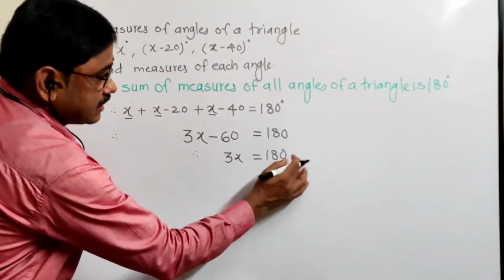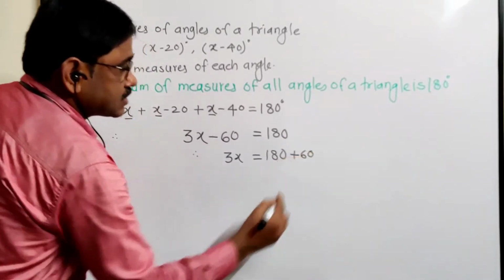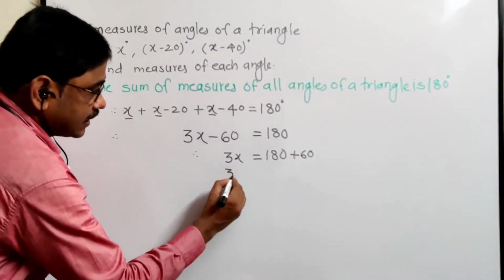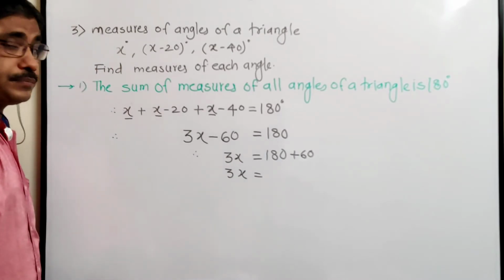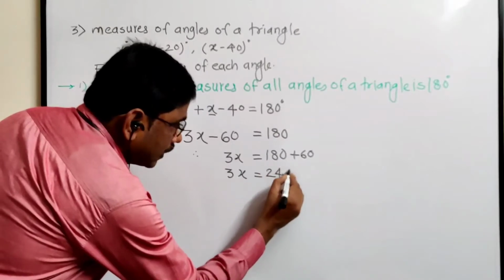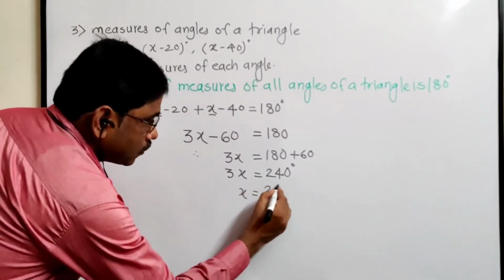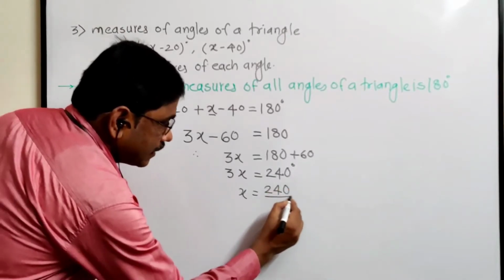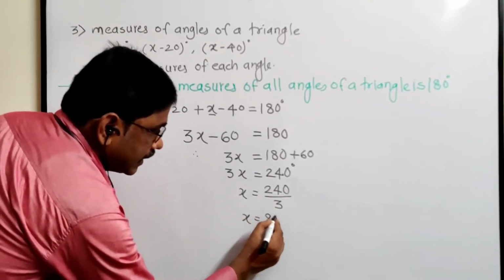If we write this 60 on the other side, it becomes plus 60. Therefore 3x is equal to 180 plus 60. So it is 240 degrees. So x is equal to 240 divided by 3. So x is equal to 80 degrees.